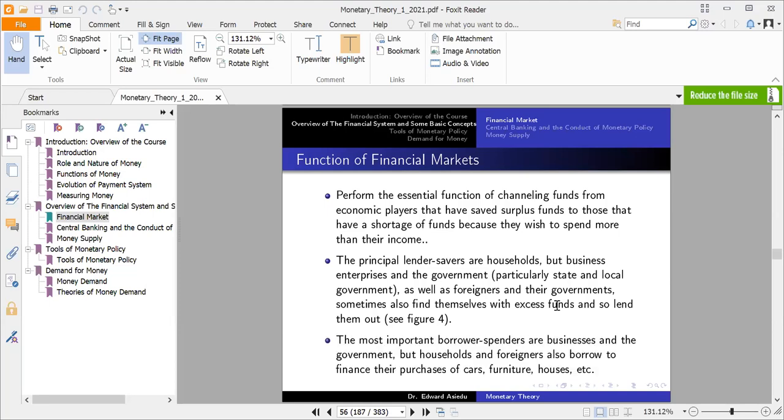Okay. So the most important borrowers, those who borrow a lot in the economy, are businesses and the government. Government is borrowing a lot, like our situation now. They're borrowing for everything because government has deficits, and the economy is not growing enough, so the revenues that are coming in are low.